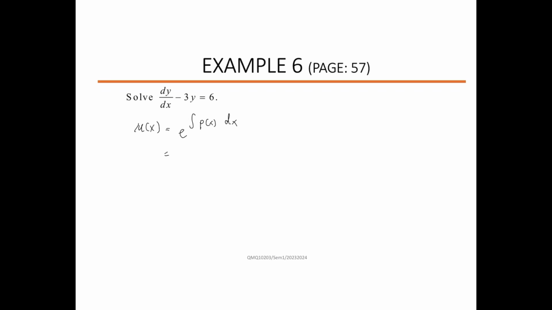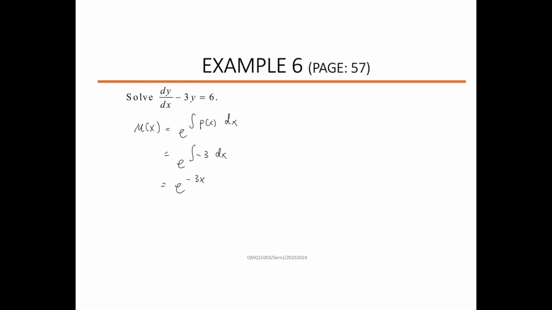So we have exponent of the integration of negative 3 with respect to dx. When we integrate with respect to dx, we get the answer in terms of variable x. So we have exponent negative 3x. No need to put the constant of integration here.